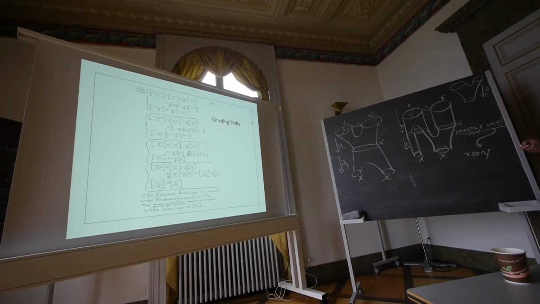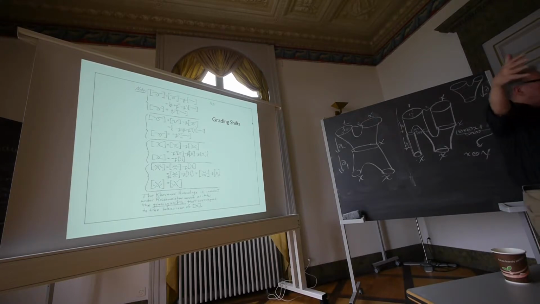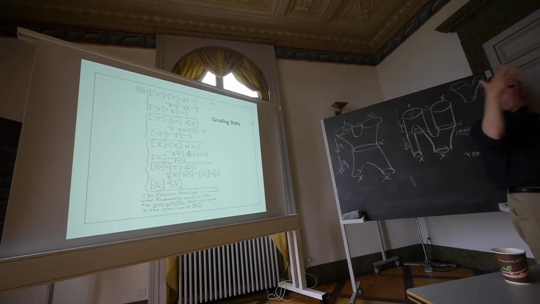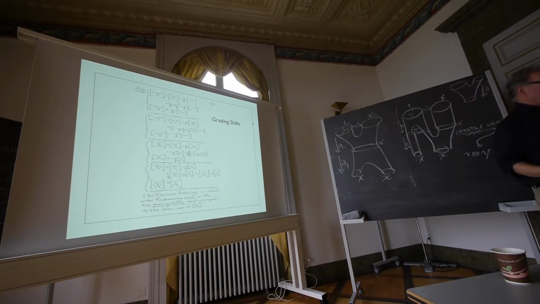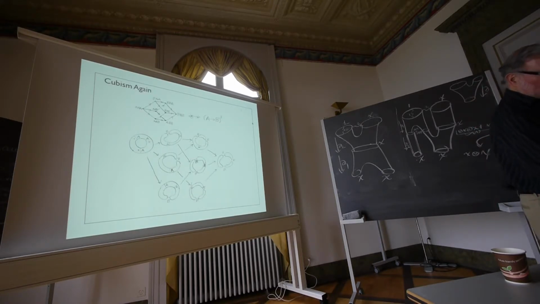And when you do a 2 move, you can also pick up a shift. And when you do a 3 move, you don't pick up a shift. So these grading shifts mean that the homology will shift along correspondingly, and you won't have that the ith homology group of one is the ith homology group of the other. You'll have to shift by the corresponding grading. We'll see that when we look at an example.